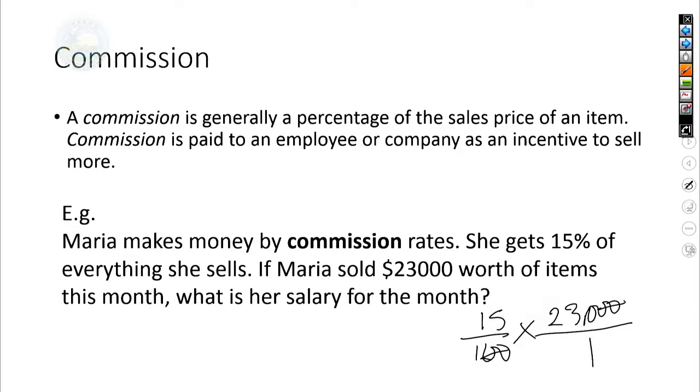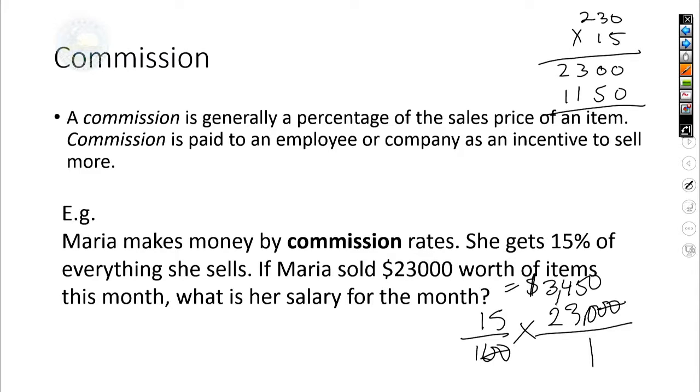So then to work out the answer, it is going to be 230 times 15. So then that's 2,300 there. 5 by 3 is 15. 5 by 2 is 10. And 1 is 11. So it means that she would have made $3,450.